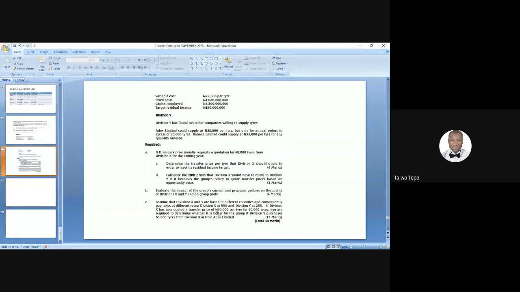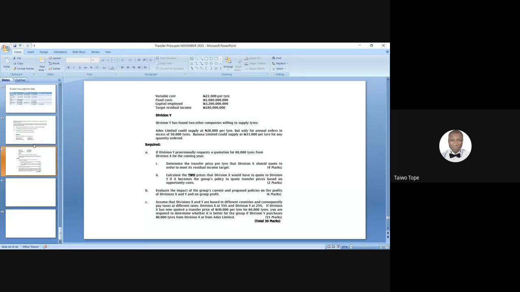Division X has now quoted a transfer price, take note of this word, of 30,000 naira per tire for 60,000 tires. You are required to determine whether it is better for the group if division Y purchases 60,000 tires from division X or from Ades Limited.